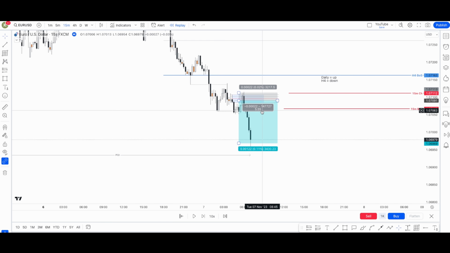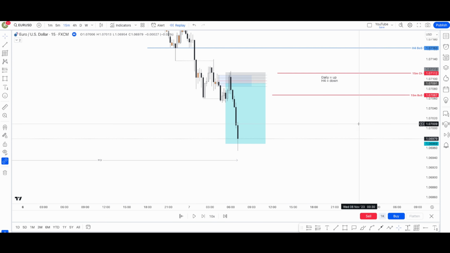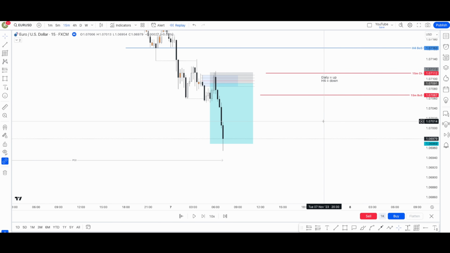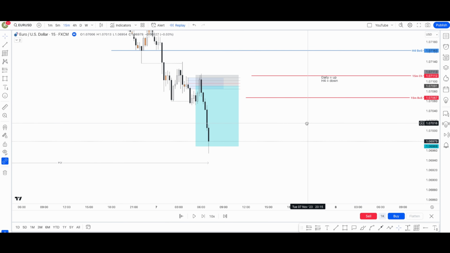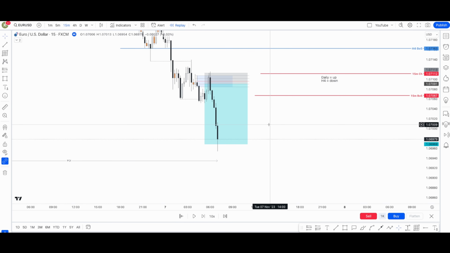So just give it a little bit of space, 0.5 pips, just to be on the safe side. When you're using a personal broker, like my personal broker, it's 0 spread, so I don't care. At most, worst case scenario, it's like 0.2, maybe twice a day. But it's not anything major.